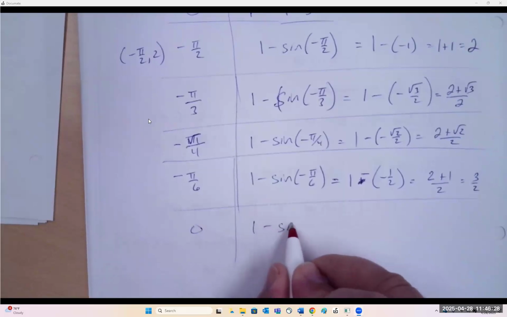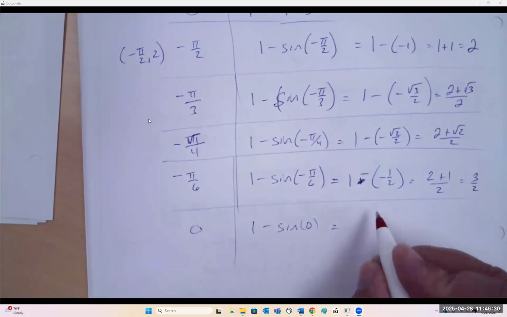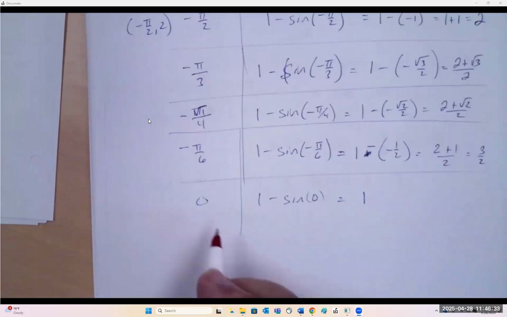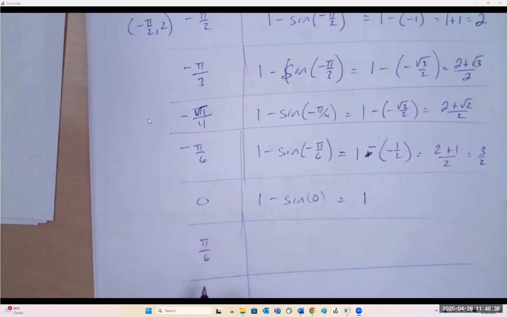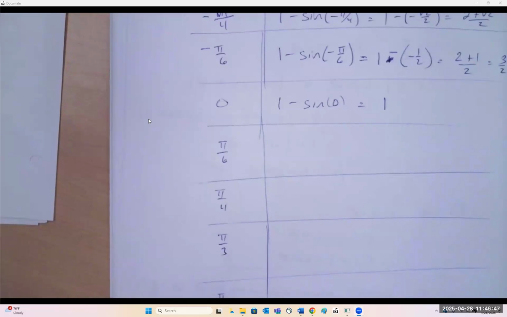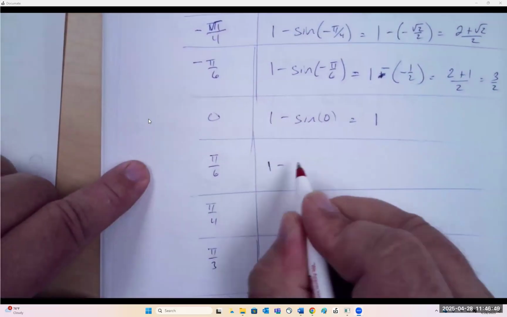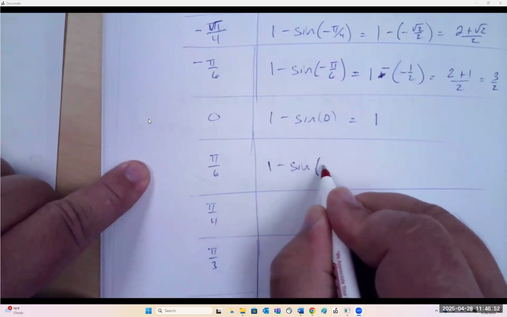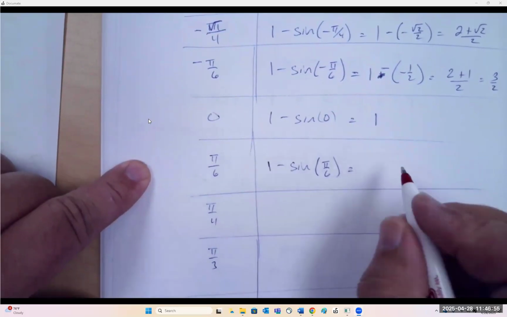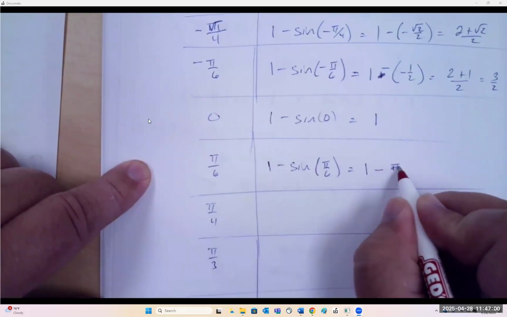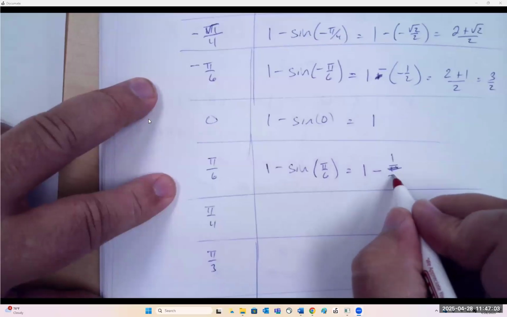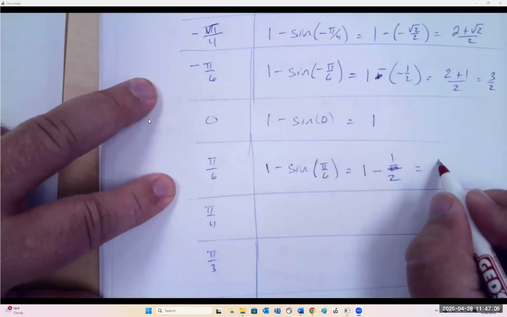At 0, 1 minus sine of 0 is 1. At pi over 6, 1 minus 1/2 is 1/2.